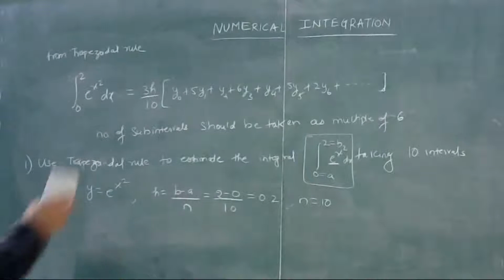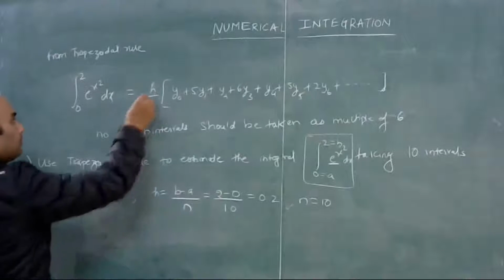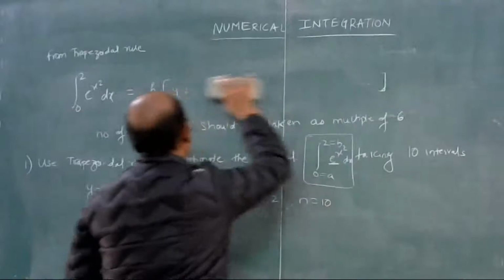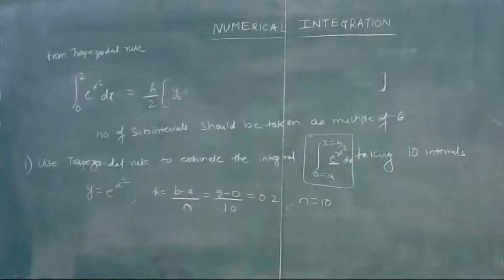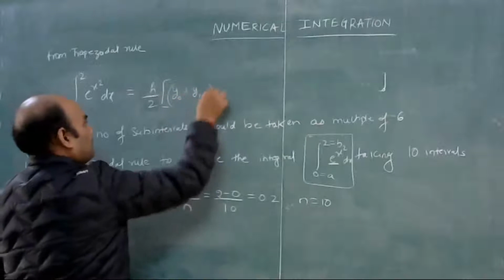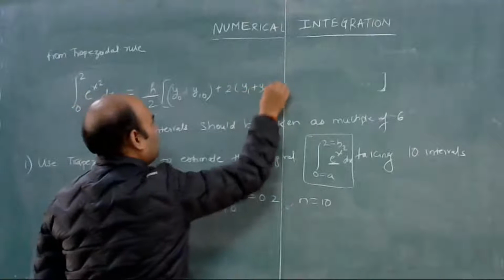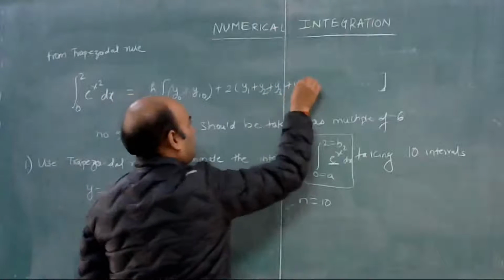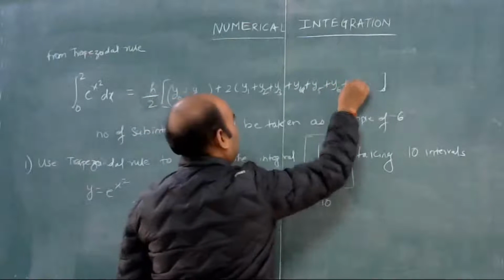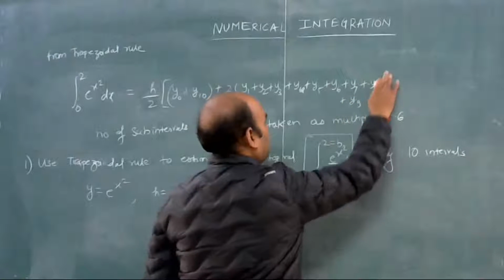This is h upon 2, first term and last term, that is y0 plus y10, plus 2 into y1 plus y2 plus y3 plus y4 plus y5 plus y6 plus y7 plus y8 plus y9.